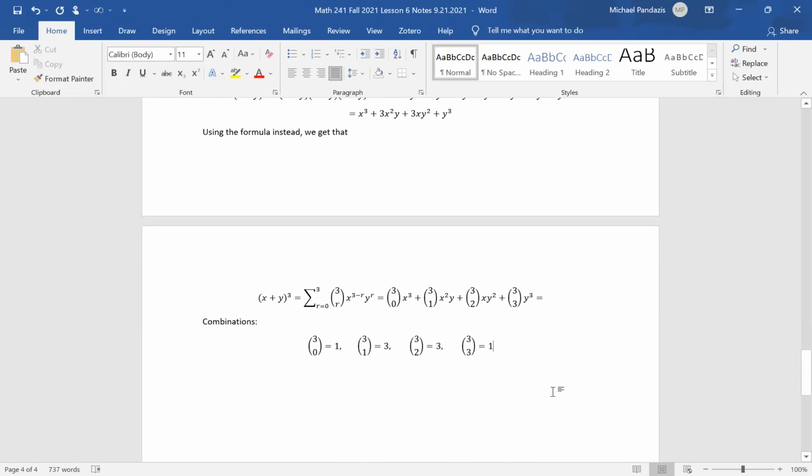So next class we will see examples of combinations and have a formula for how to compute numbers of combinations. So we'll have a further discussion as well as other things.